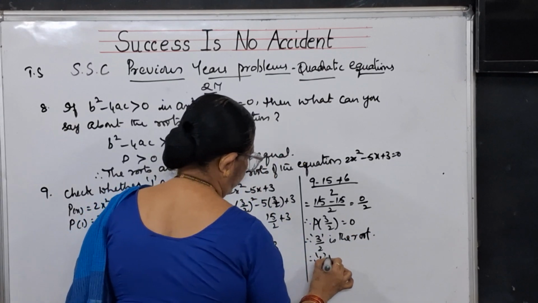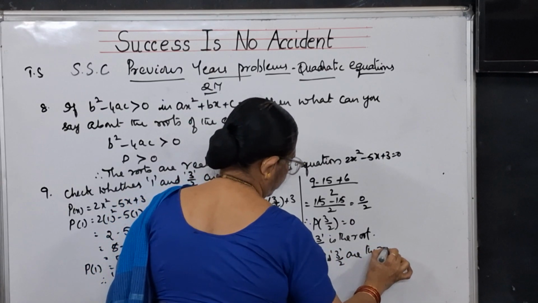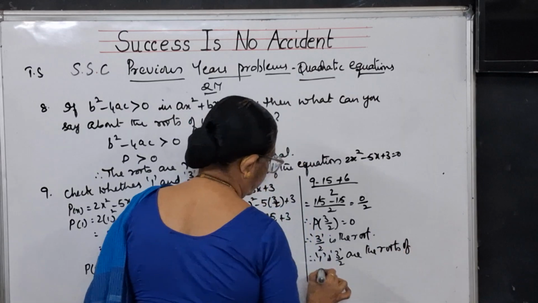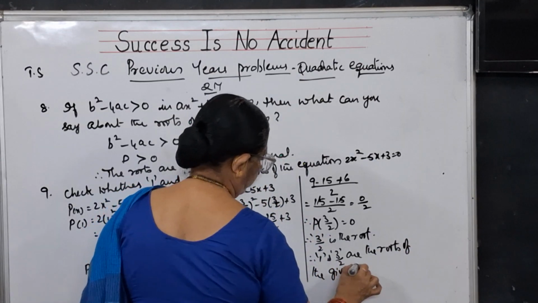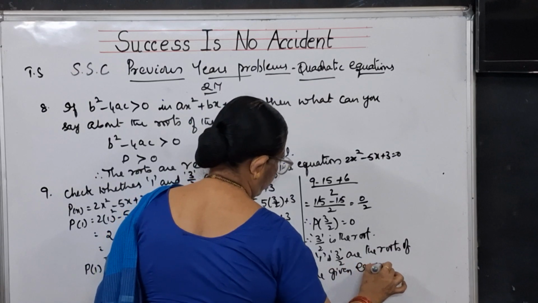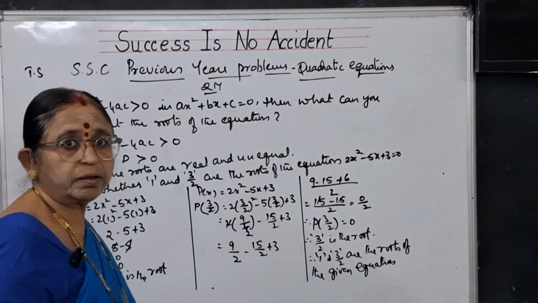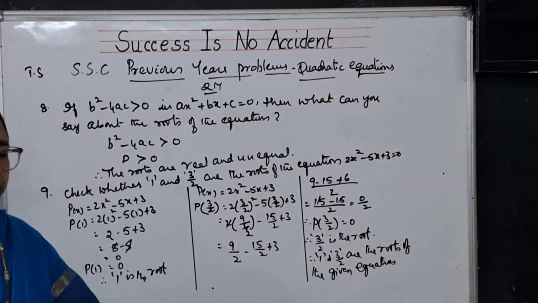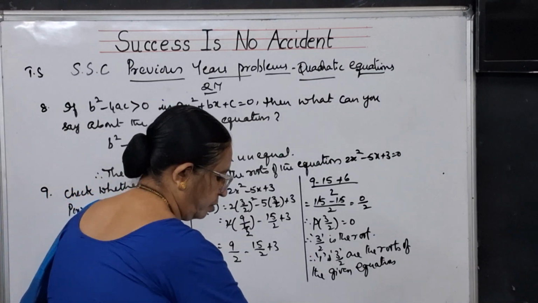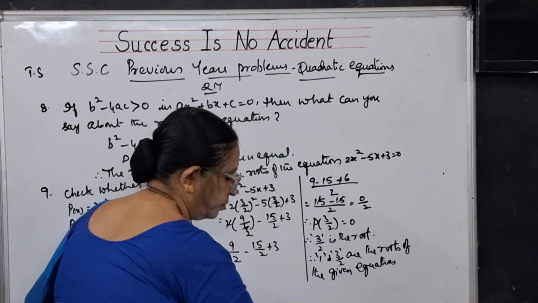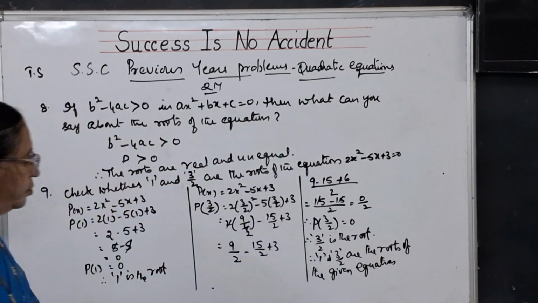Therefore, 1 and 3 by 2 are the roots of the given equation. This is the answer, children. Please copy it. Copy, children.